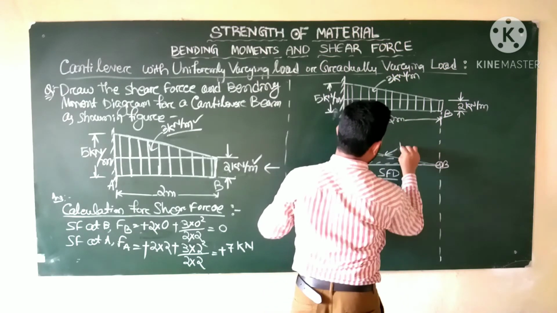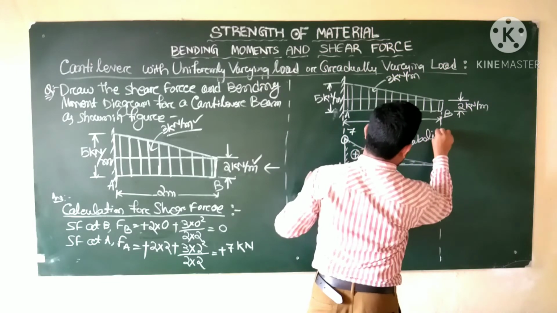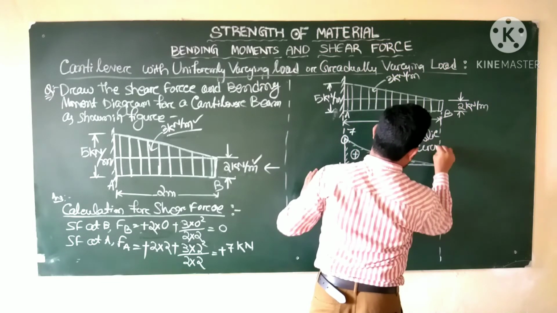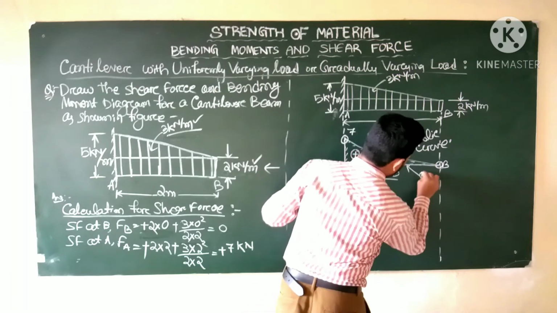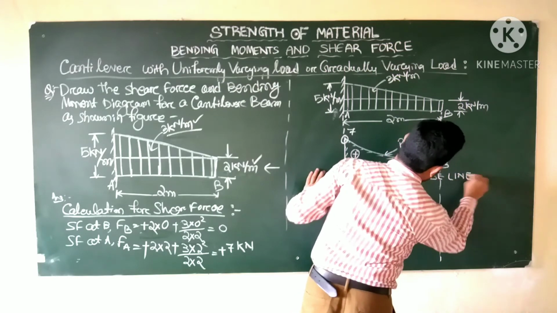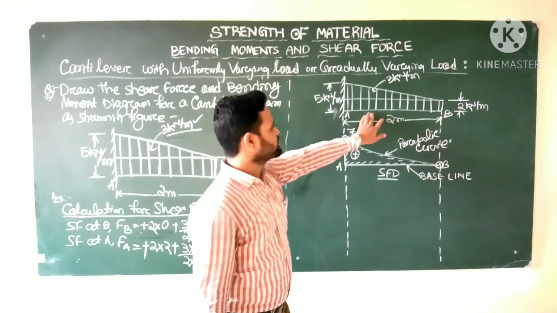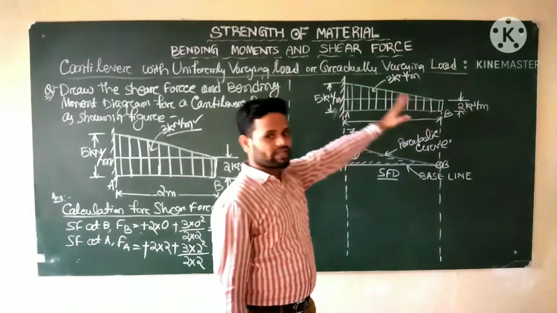This curve is a parabolic curve and this line is your baseline. Here you will see the value from B to A is gradually increasing.